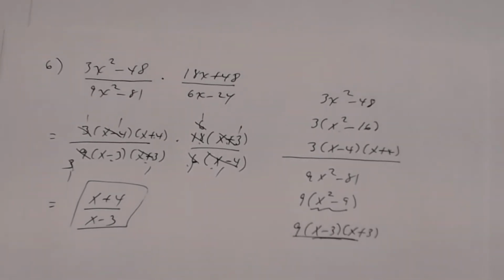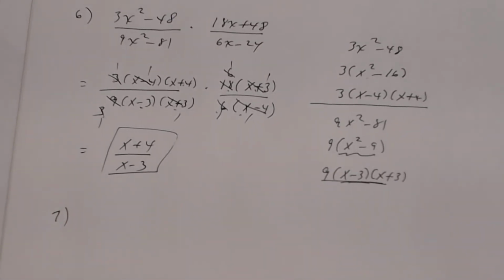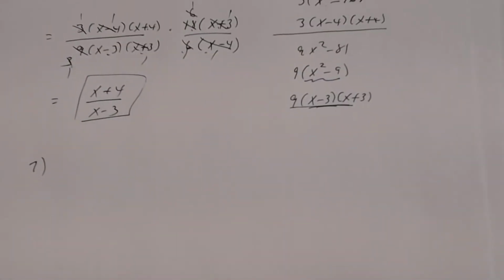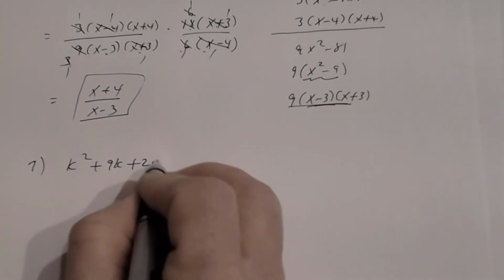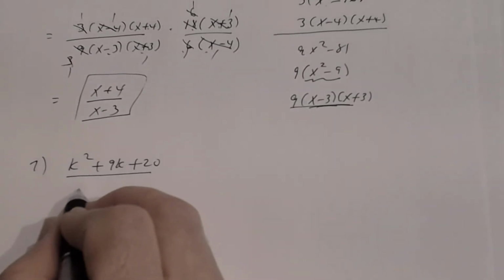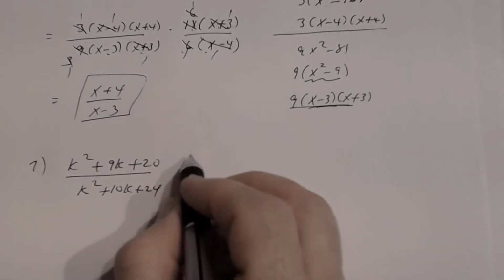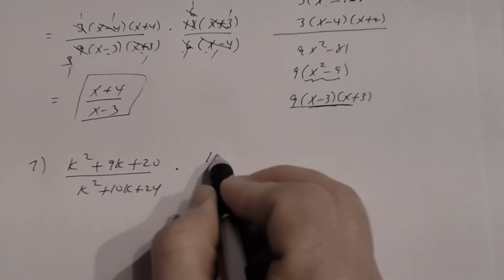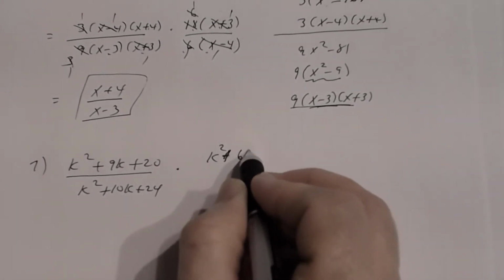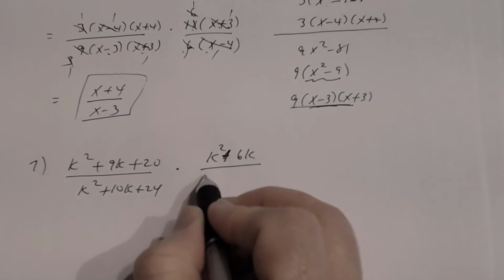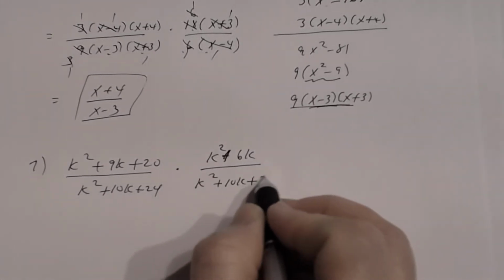Okay, number 7. We have k squared plus 9k plus 20 divided by k squared plus 10k plus 24 times k squared plus 6k divided by k squared plus 10k plus 25.